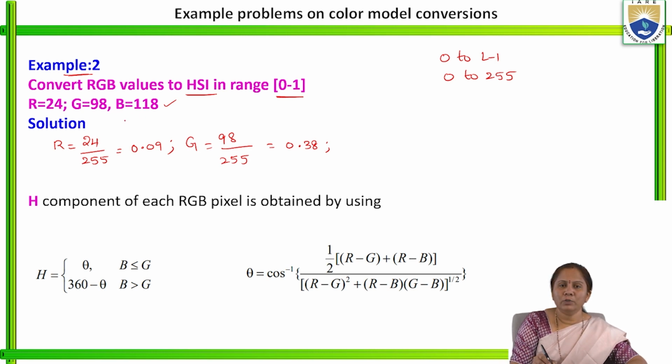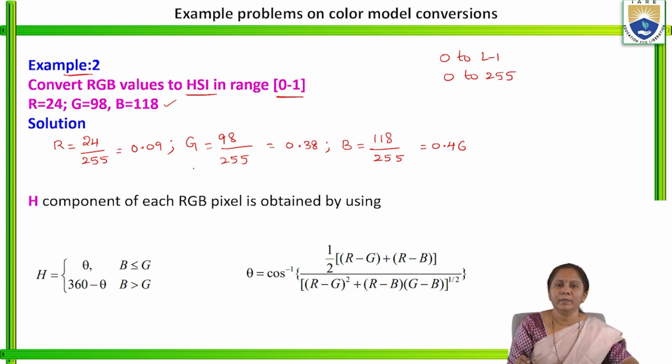And the next value is B. The value given is 118. 118 by 255 is 0.46. So the new values of R, G, B are calculated. Now we have to use these values to convert to HSI.